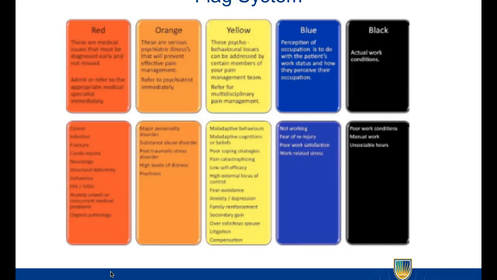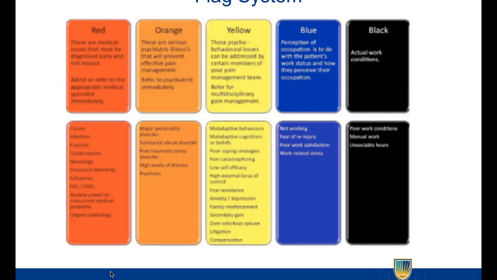And here is a color flag system. So for red, these are medical issues that must be diagnosed early and not missed, while the orange, these are serious psychiatric illnesses that will prevent effective pain management.